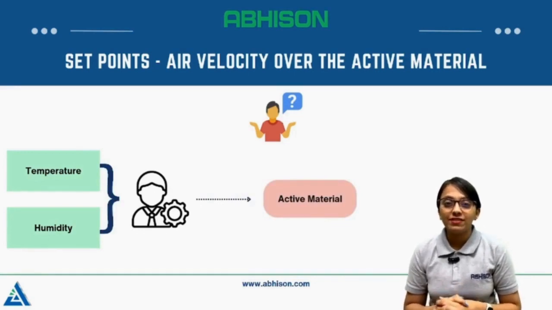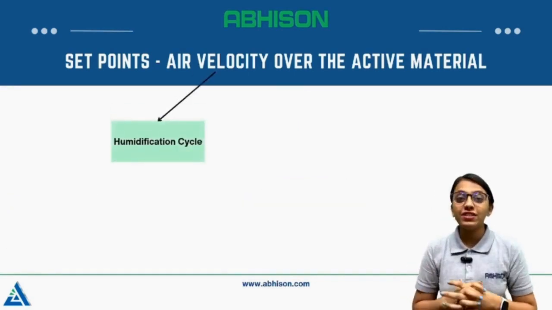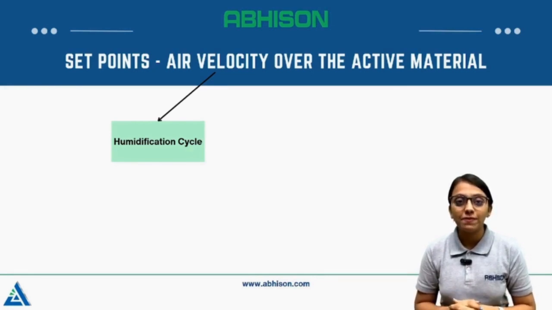During the humidification cycle of the curing chamber, the presence of oxygen and moisture in the air near the active material triggers a necessary chemical reaction. This air needs to be replaced gently and continuously to ensure a consistent supply of oxygen and moisture to the active material.